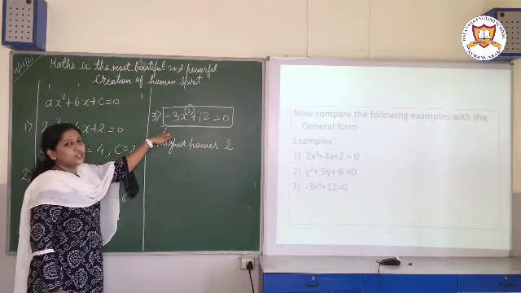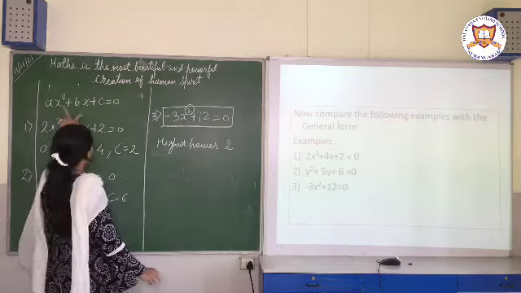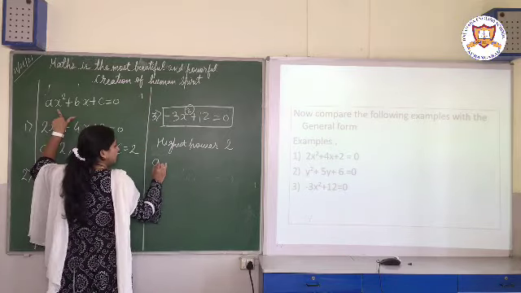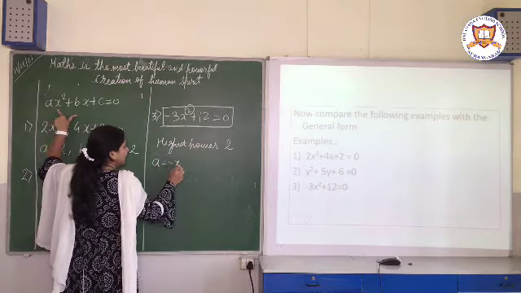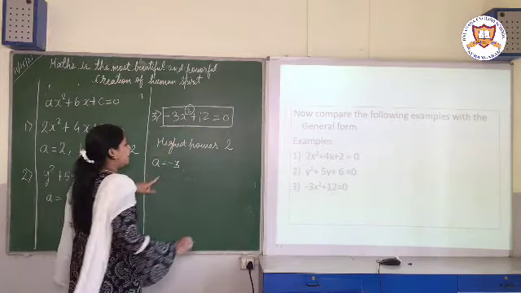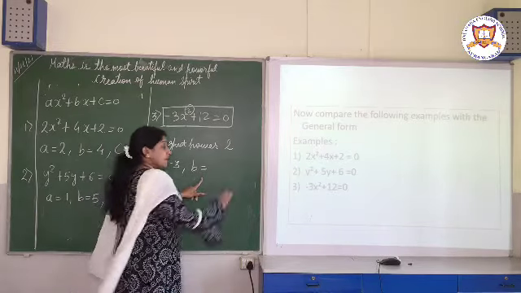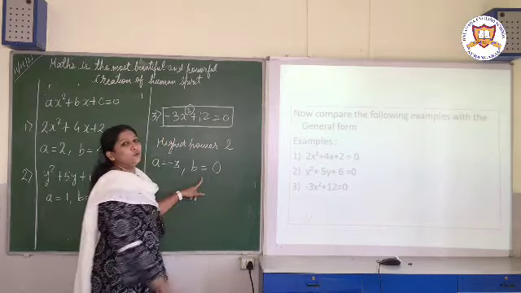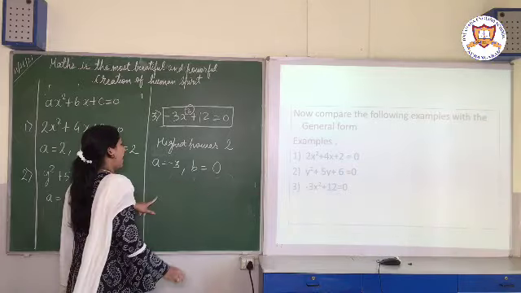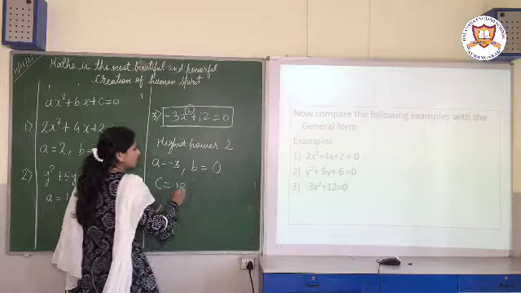So this equation is a quadratic equation. Now let's compare this with the standard form. So if you see, the value of A you will get 3, but no value of x is there. So we have to take the value of B as 0, and the value of C will be 12.